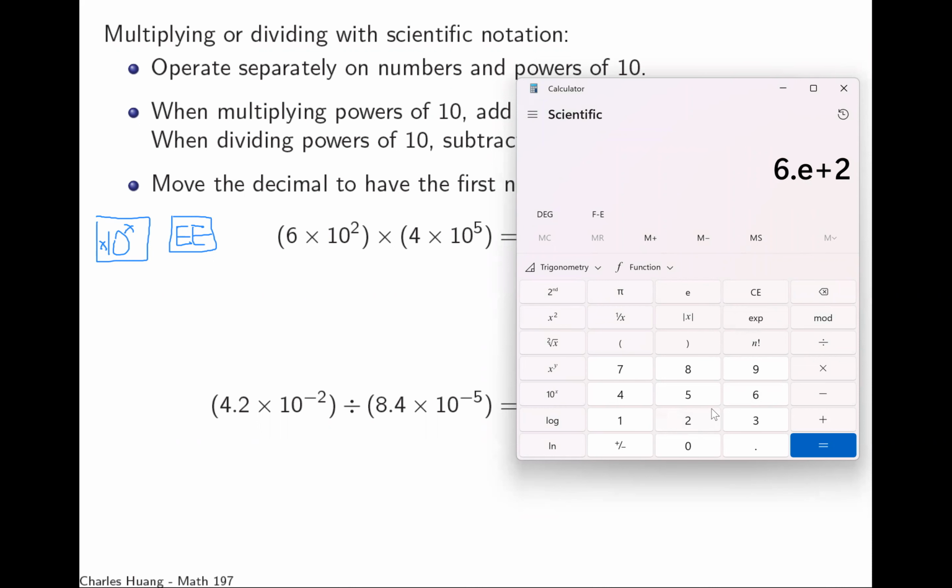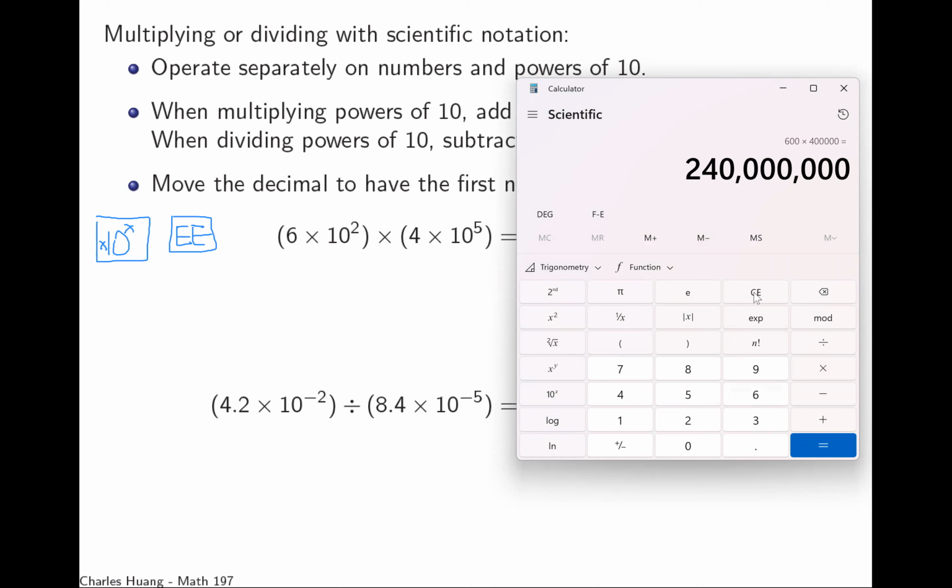You'll notice I only press 3 buttons: 6, the scientific notation button, 2. And I need to multiply by the next number, 4, scientific notation, 5. And that gives me the answer of 240 million.